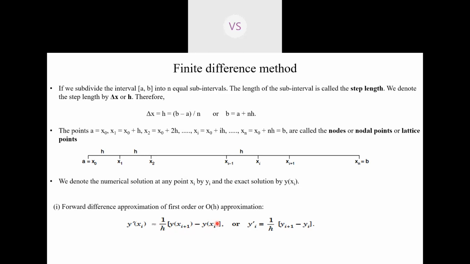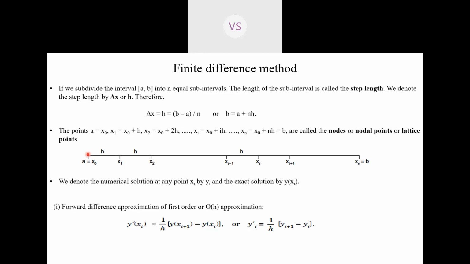So suppose you have to find the value of y dash at 1. It will be given by 1 by h times y at x equal to 1 minus y at 0, that is y1 minus y0.